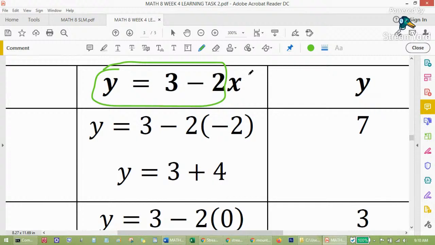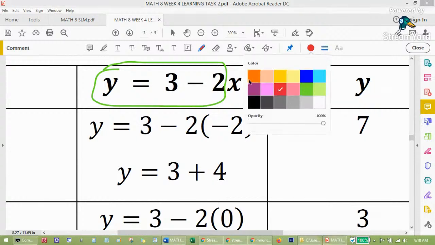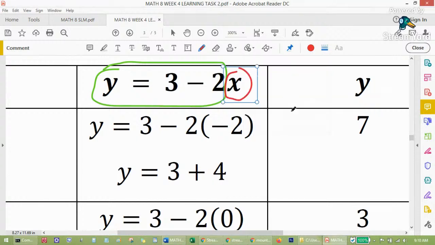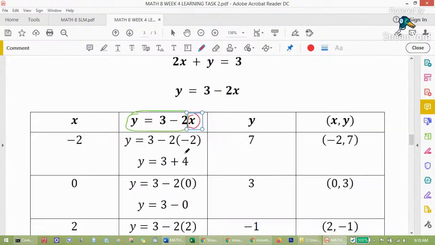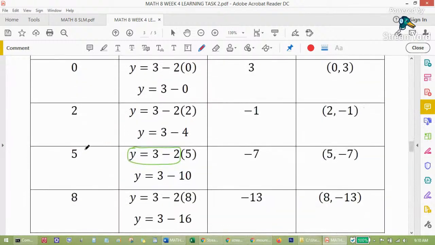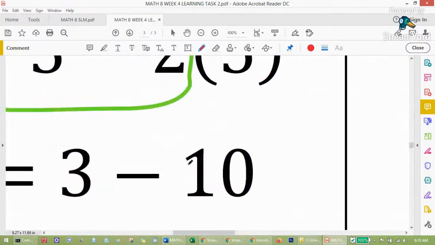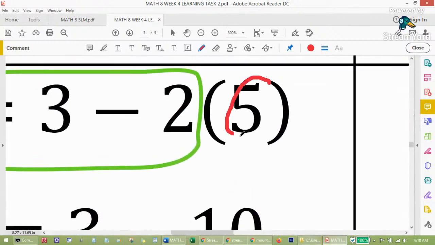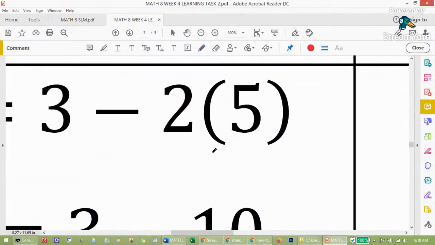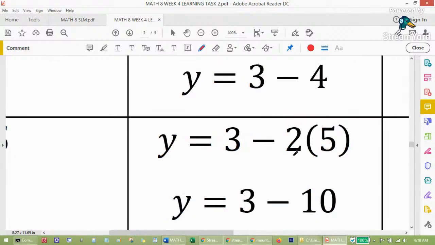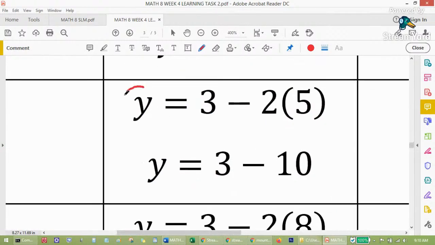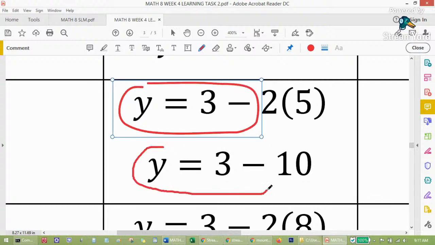And then itong x na to ay papalitan natin ng 5. So, magkakaroon tayo ng 5 dyan. Ang mangyayari is, simula dito hanggang dito, kokopyahin lang natin.